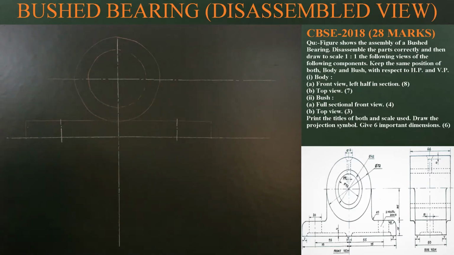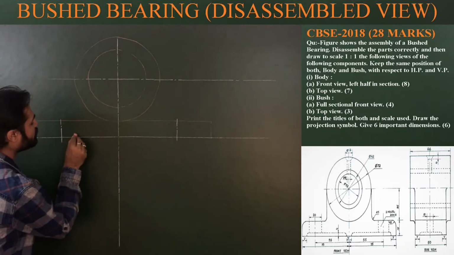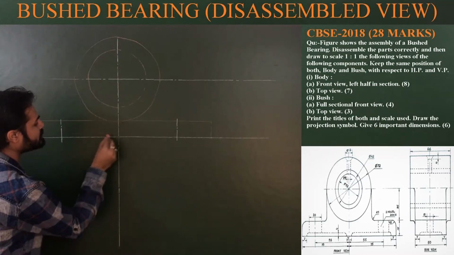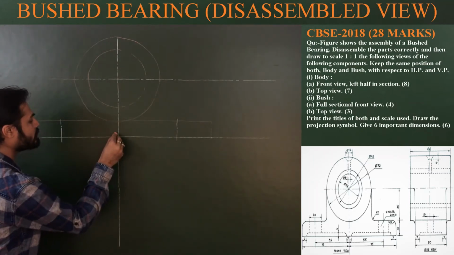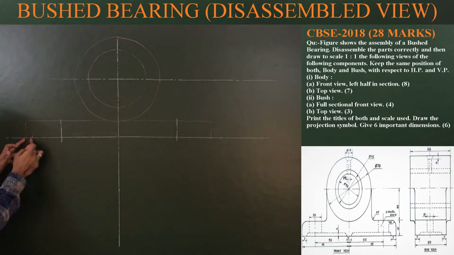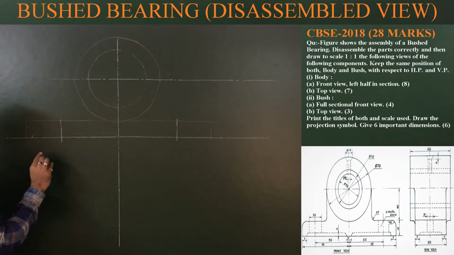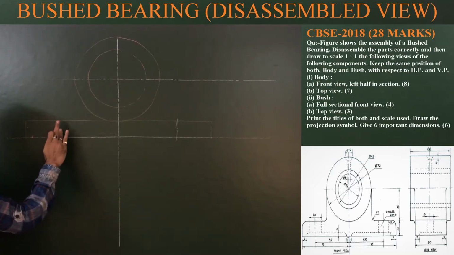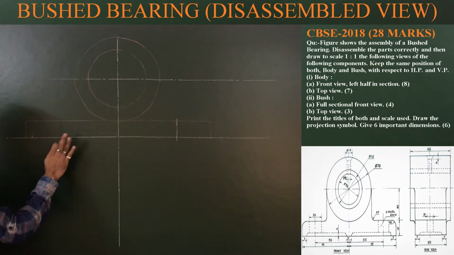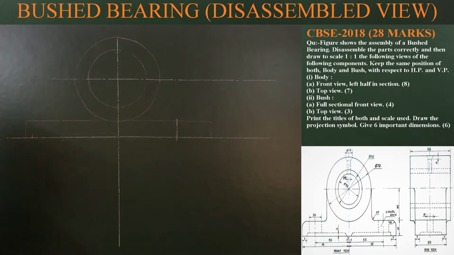Next, the rectangular cavity. From this point after 7, so this is 7 and the height is 4, and draw a line parallel to its base and then close it like this. So from this end the distance is 7, from the central end the distance is 3.5. Right? And one more thing, we have to show the lines or limits of the bolt hole also.